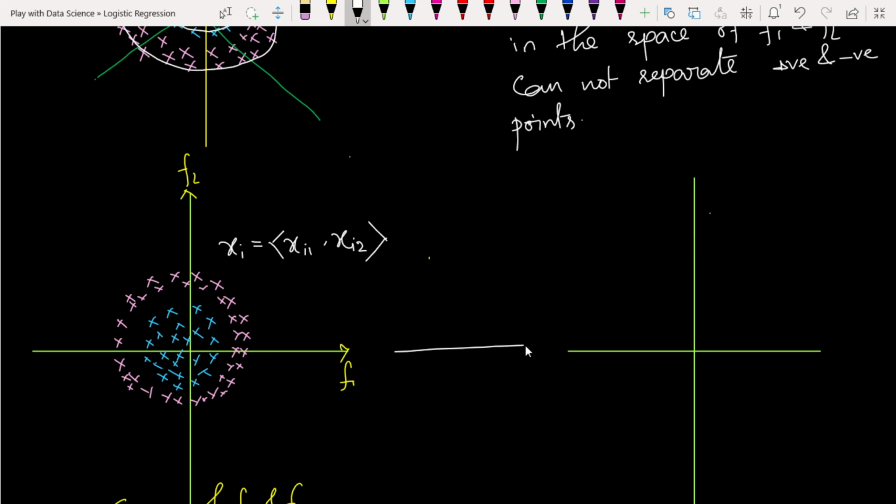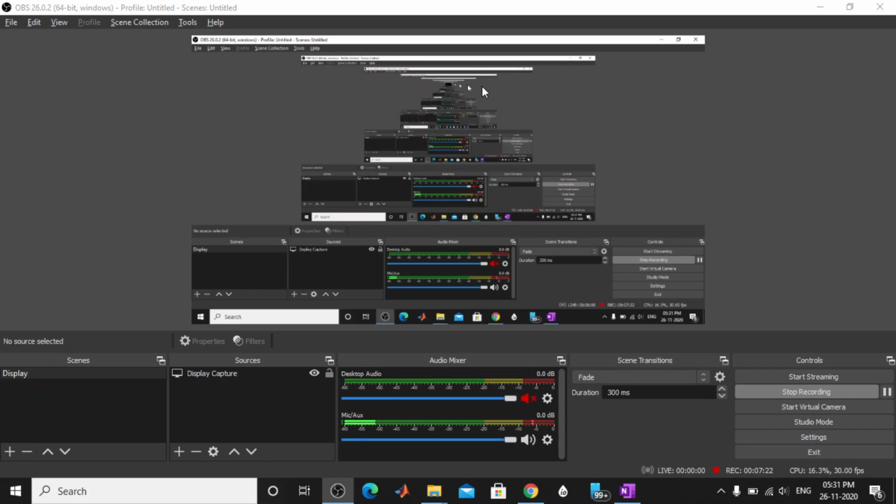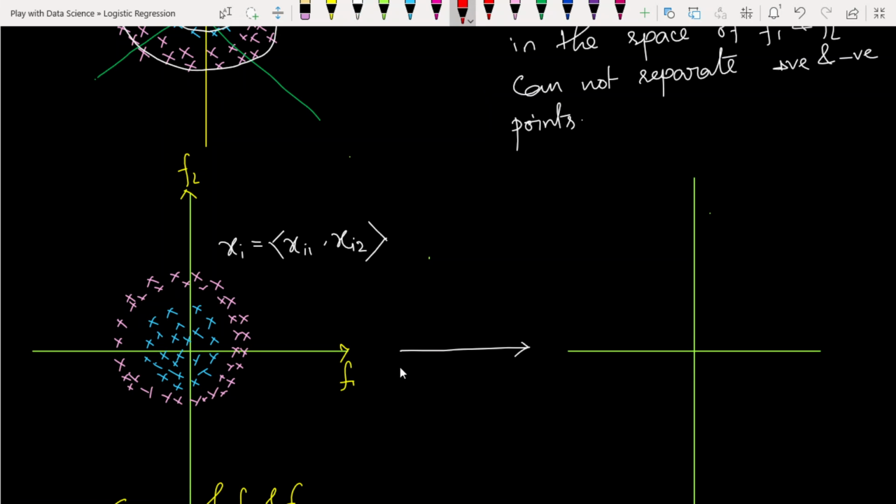Now here we are using feature transformation, or in another language, feature engineering.